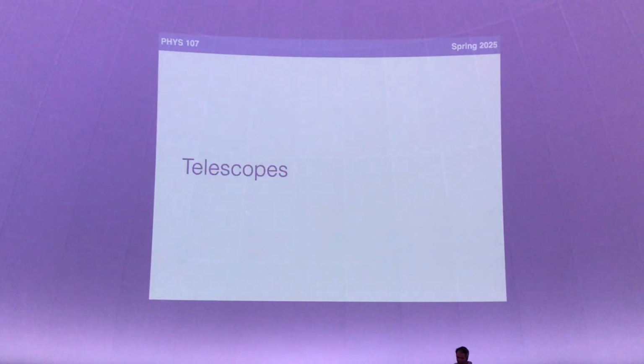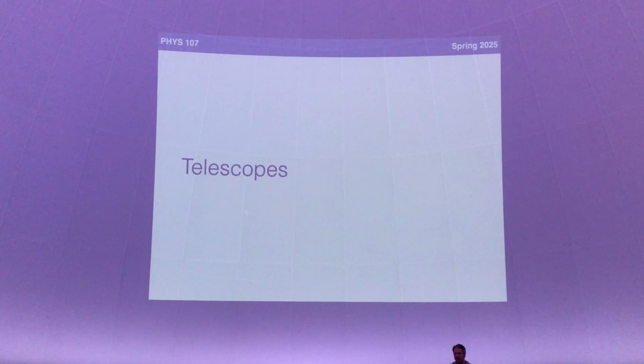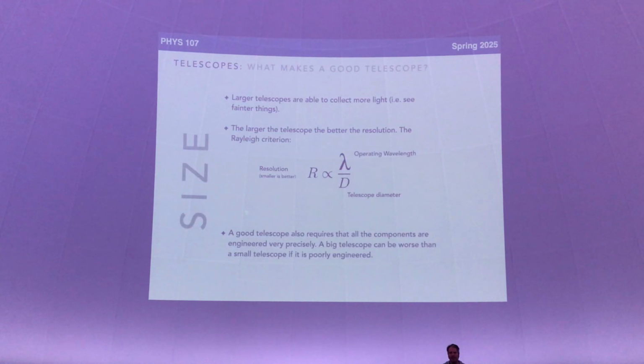All right, I didn't talk as much about telescopes as I'd like, so I can sort of skip this part, but the main thing to take out of that is that the resolution comes with the diameter of the telescope. So if you have a certain wavelength and a certain diameter of a telescope, that ratio gives you a number for the resolution.